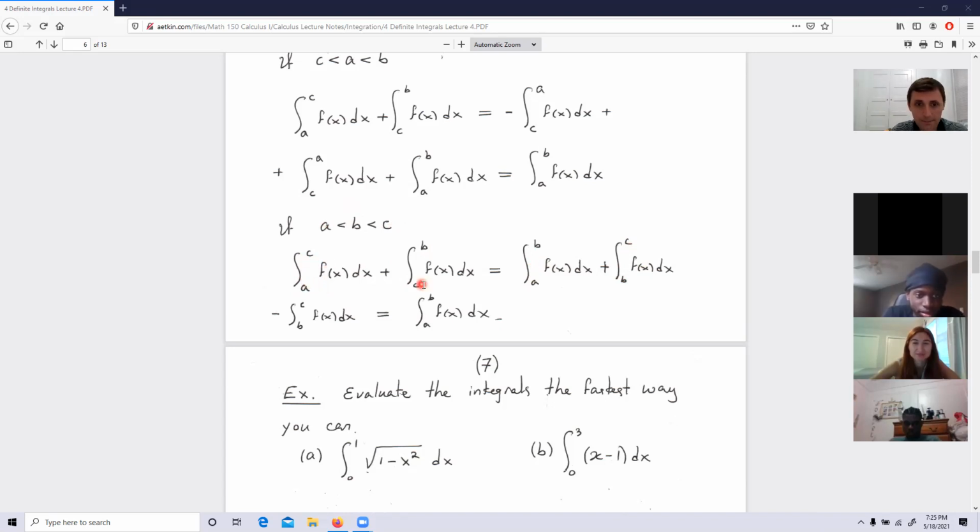So a to c plus c to b. And then what do we have? You have a to b, b to c, and then c to b. C to b I can write as minus b to c. And again, I get the integral from a to b. Good?